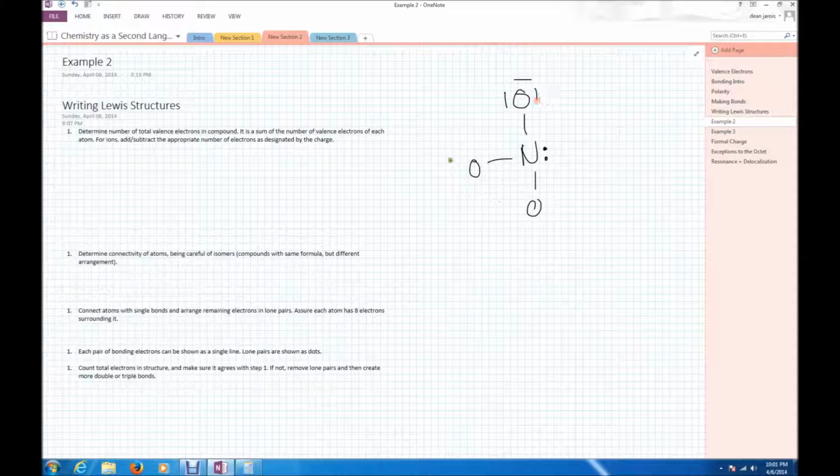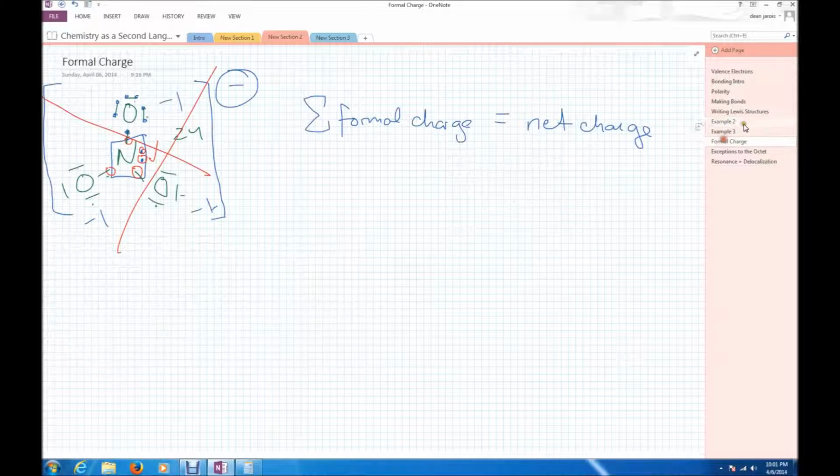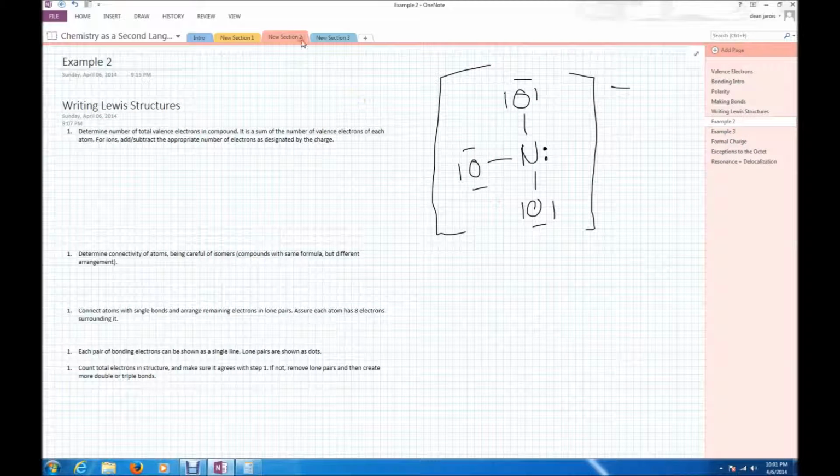Okay, and we used to assume that each of these oxygens had 3 lone pairs, but we know from what we just did over here that that's incorrect. So let's try double bonding a few of these and seeing what happens. Let's just double bond one of them.